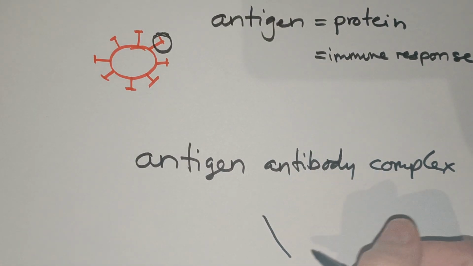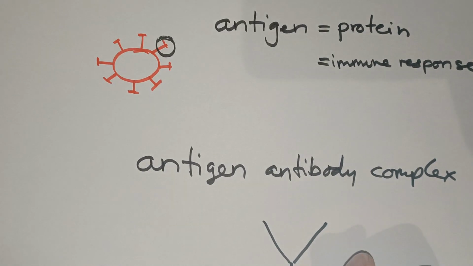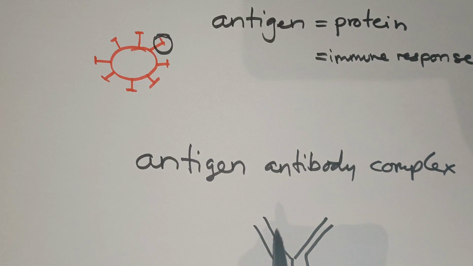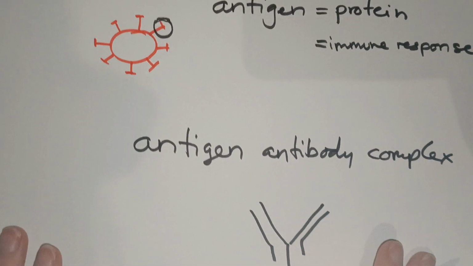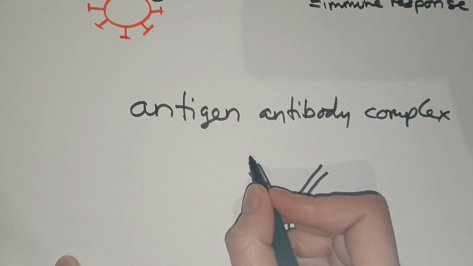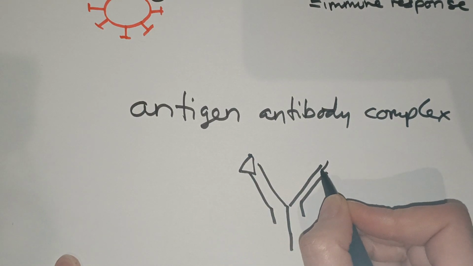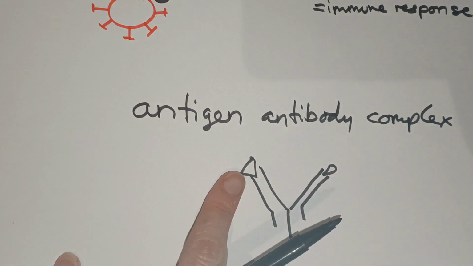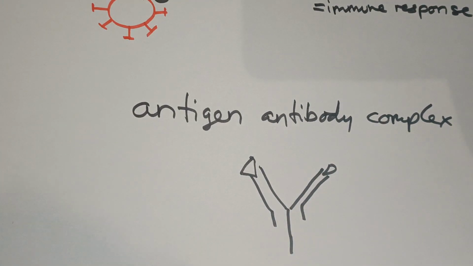So, in our simple Y diagram version, we've got our light and our heavy chains. Here is where we will find our receptor sites. And it will be on this receptor site section where our antigen would bind. Not in here, as we would often show at GCSE. It's at the ends, the fingertips of these arms, where we would find things working.